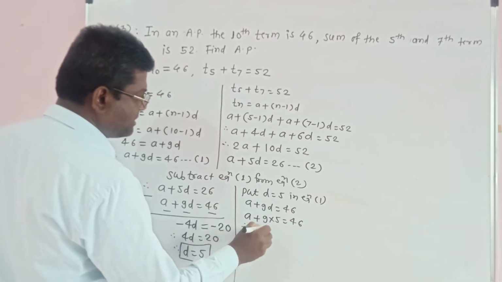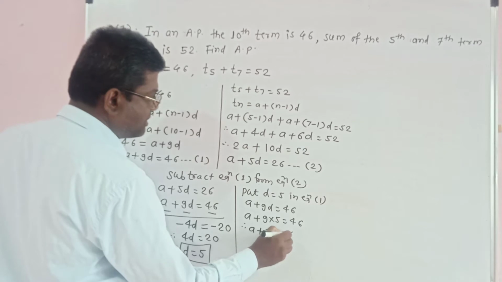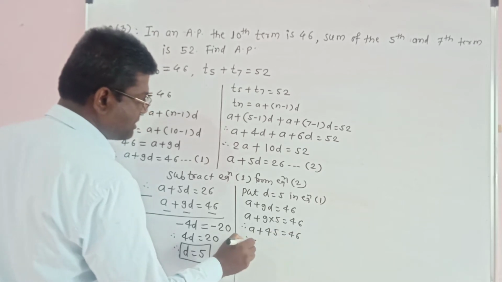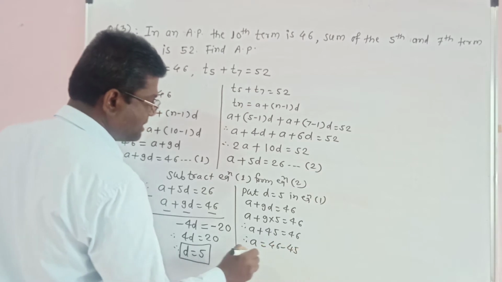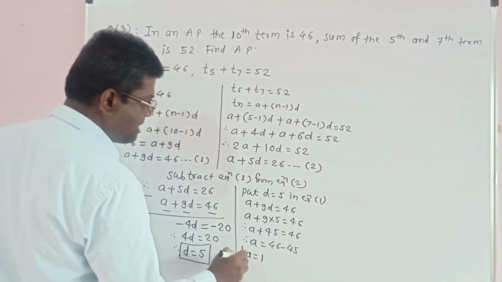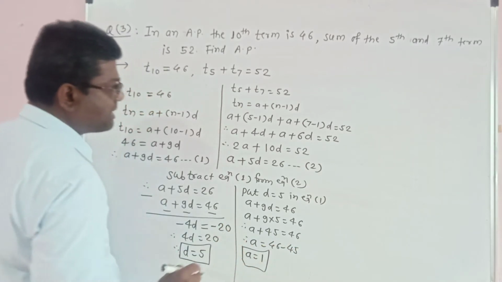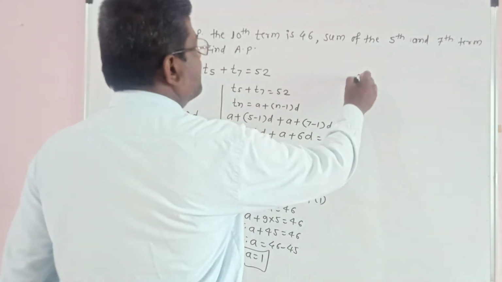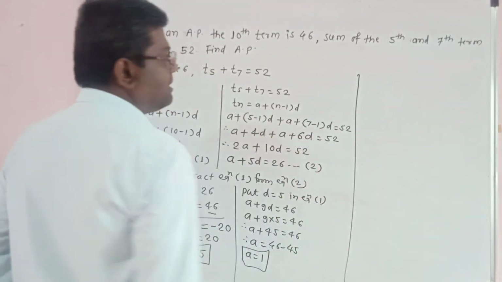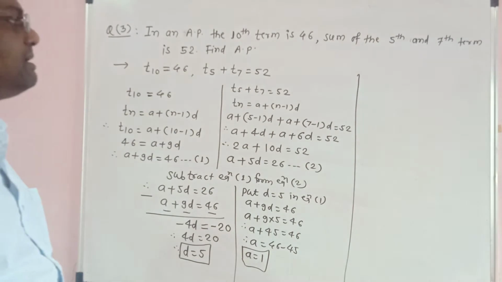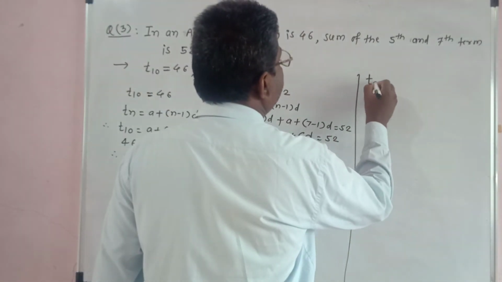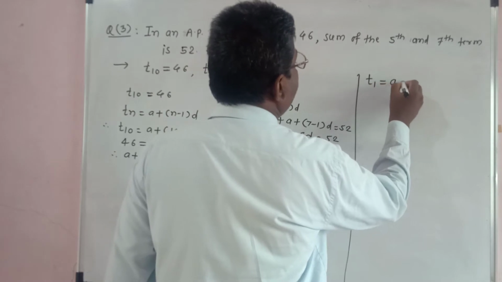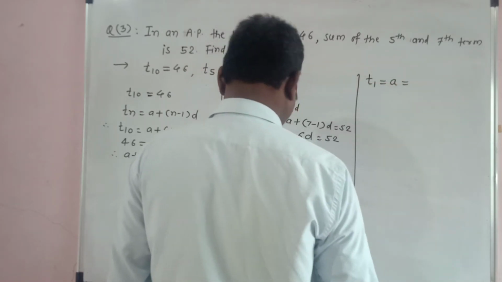Therefore a plus 45 is equal to 46. Therefore a is equal to 46 minus 45. Therefore a is equal to 1. Now we have to find the AP, that is, we have to find the terms of the AP. At first, the first term T1 is equal to a is equal to 1.